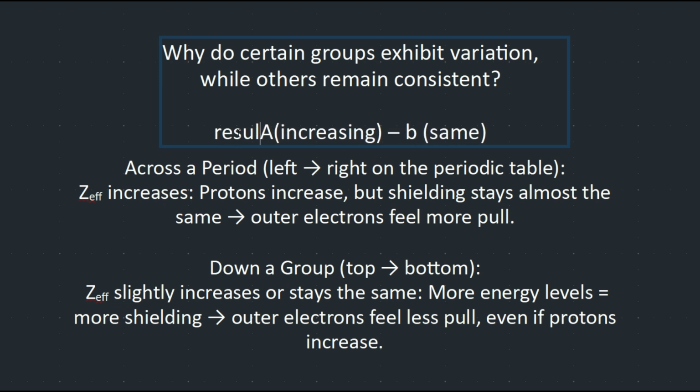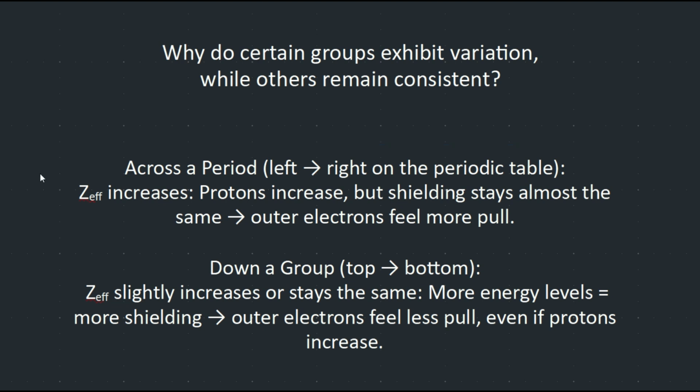The overall result will also increase, right? While down the group, the protons increase and the shielding also increases. So the net effect is that the resulting force is almost the same. That's the funda over here.